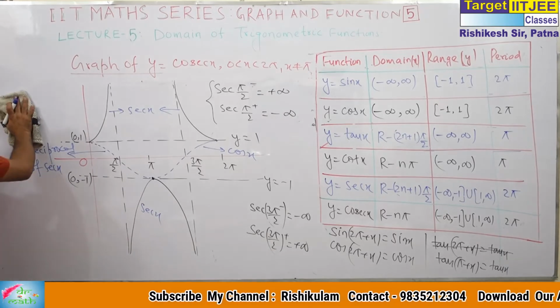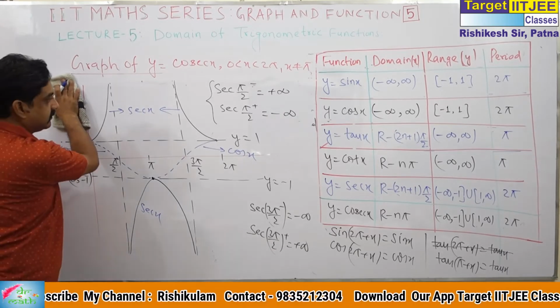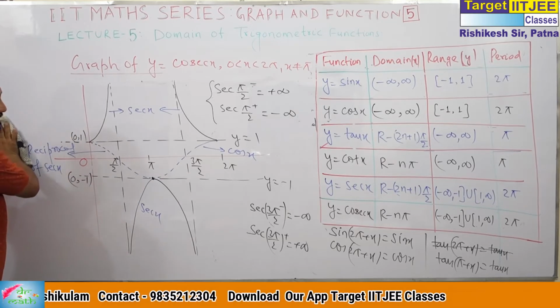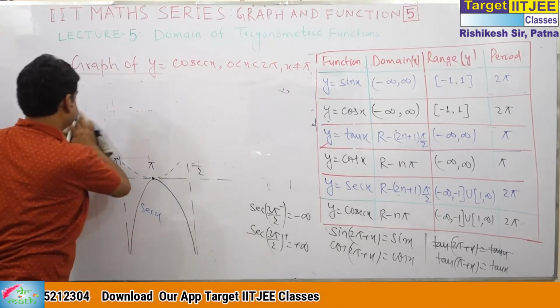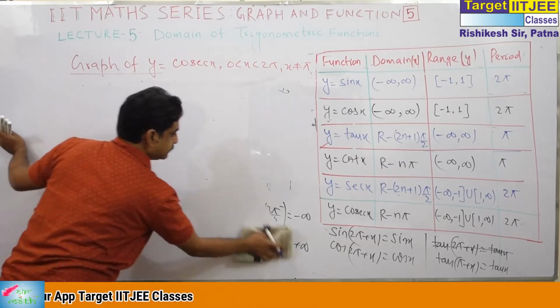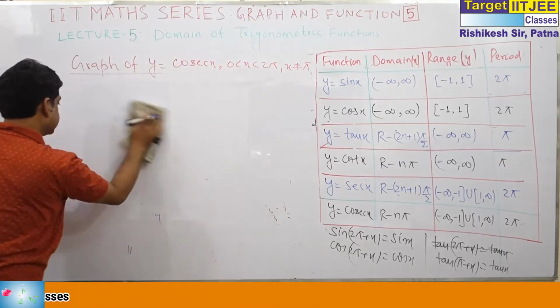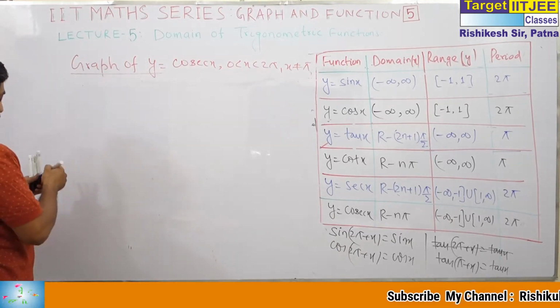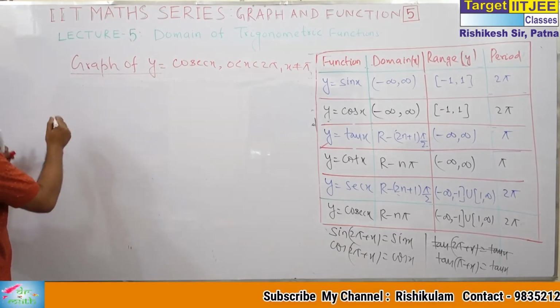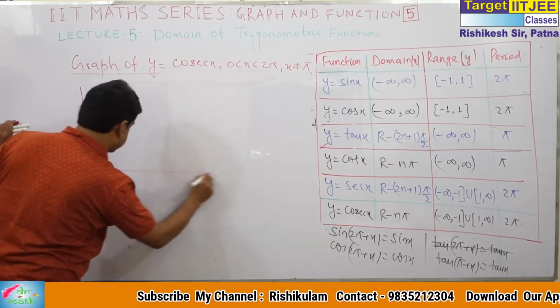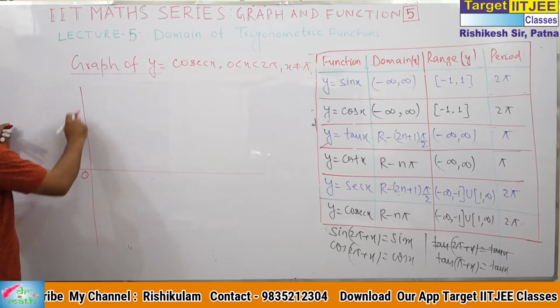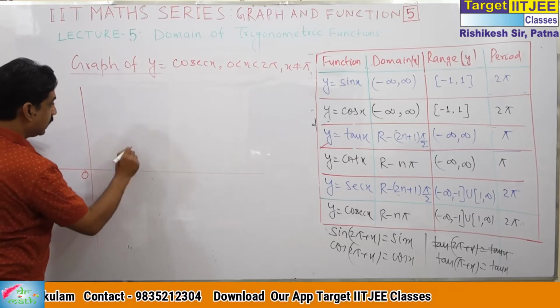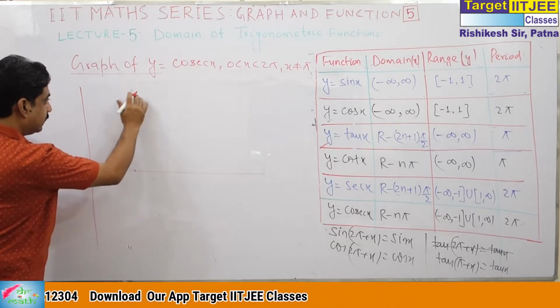Now let me move to the graph of cosec x. Okay, let me erase. Graph of cosec x. What are the asymptotes? This is 0. You can say x is equal to pi.